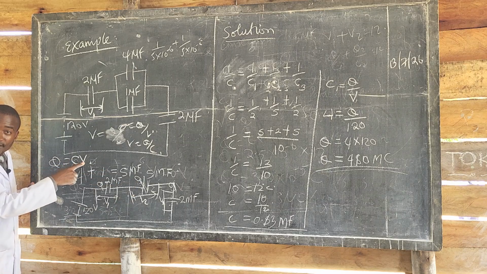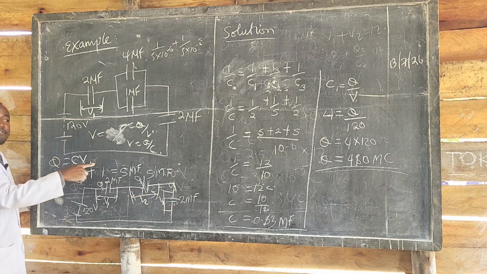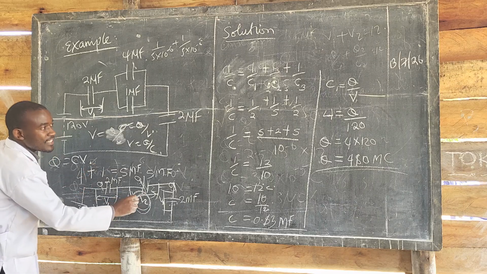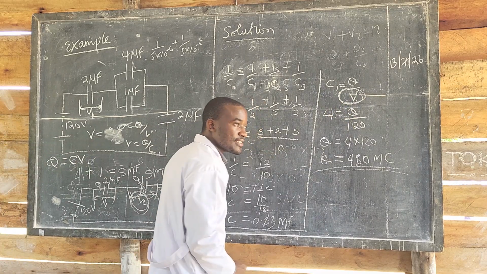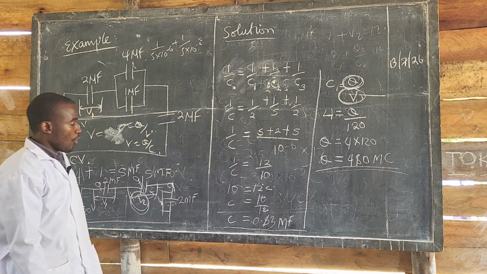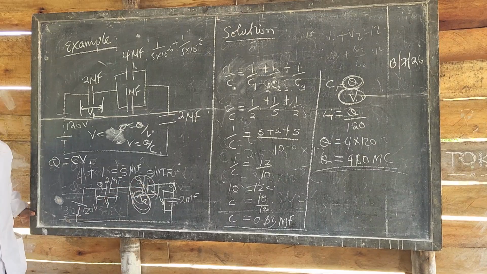Then use this C and this Q, you get V3. Now the V2 is the one you will use here to get the Q of the combination here.